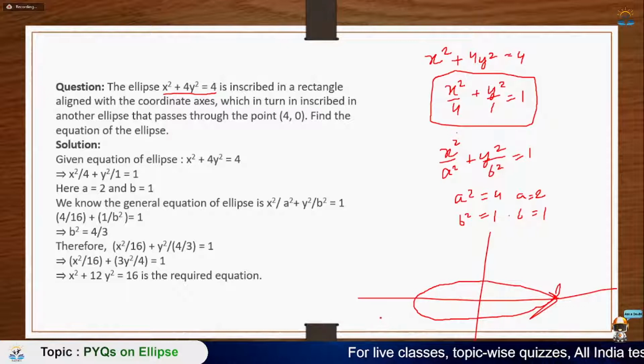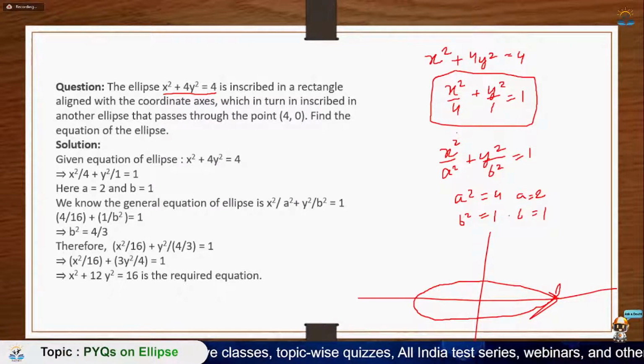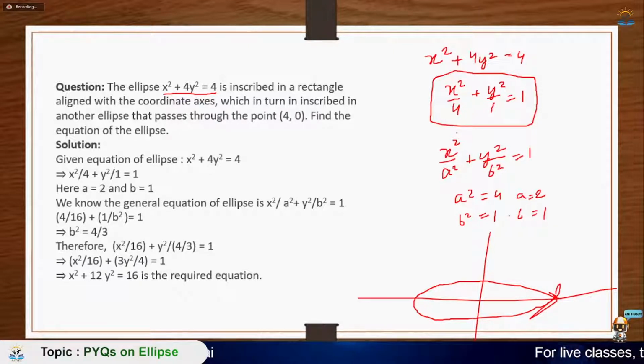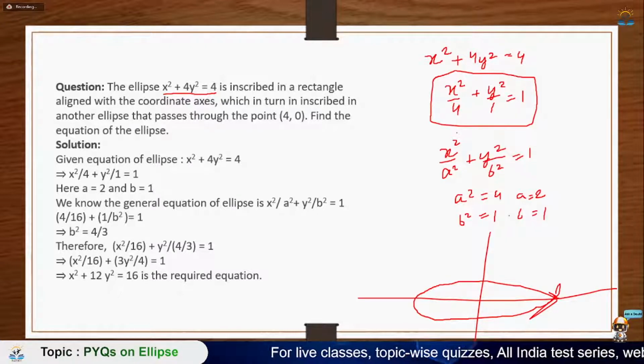Okay, so this is my ellipse. Then this is my a equal to (2, 0).